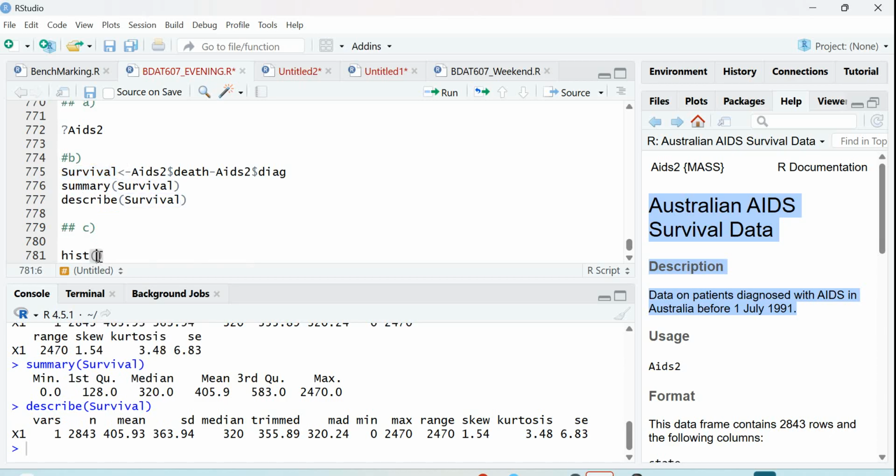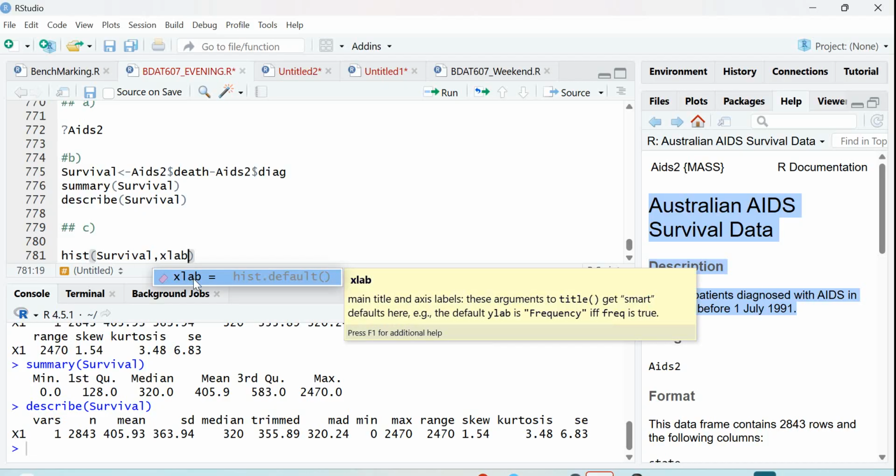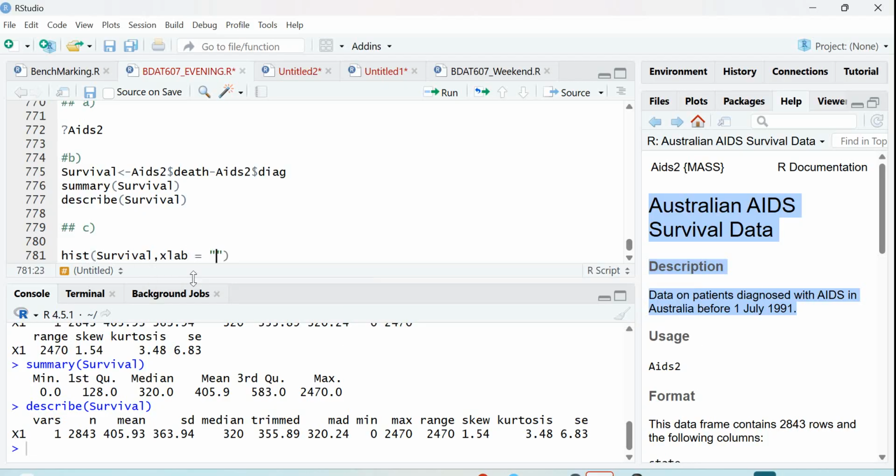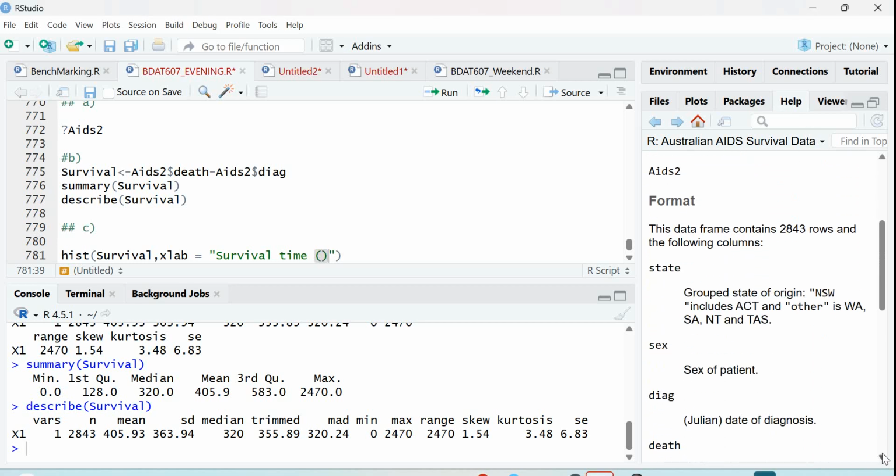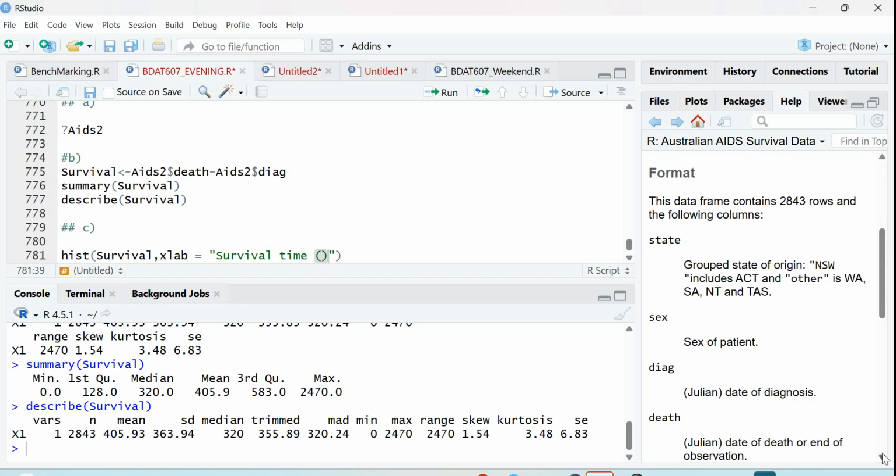Survivor. Then the x label will be what? The survival time is in what unit? You have to check. I think it's in days, right? Yes, in brackets, days.